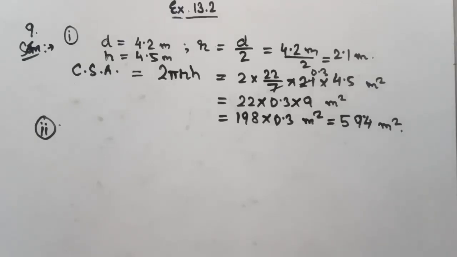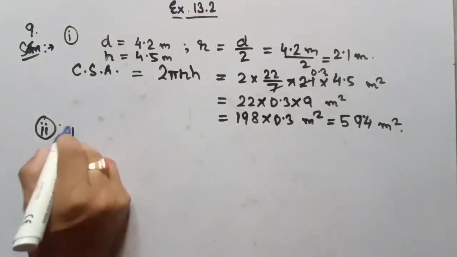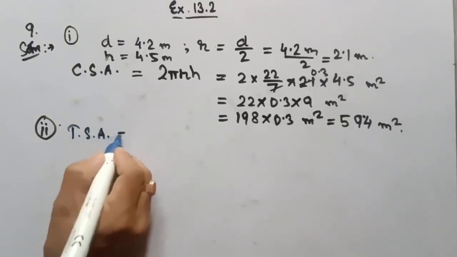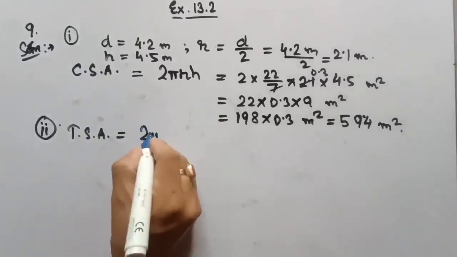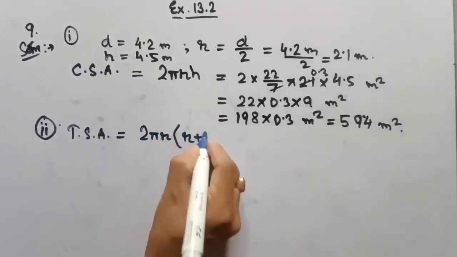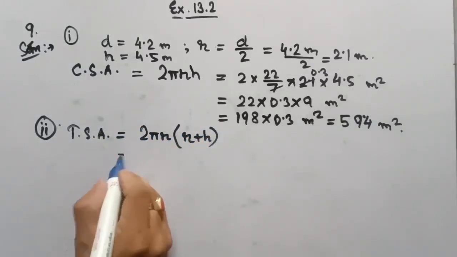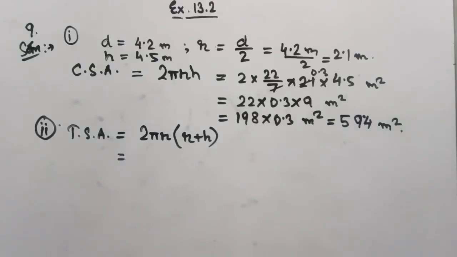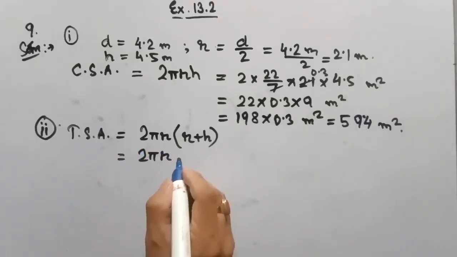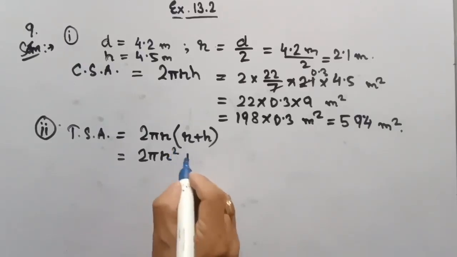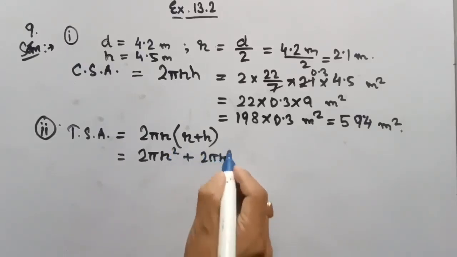So first let us find the total surface area of the petrol tank. So total surface area will be equal to 2 pi r (r plus h). Let us substitute this value. This will be 2 pi r square plus 2 pi r h.